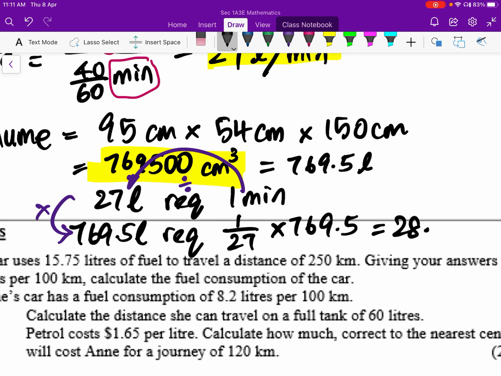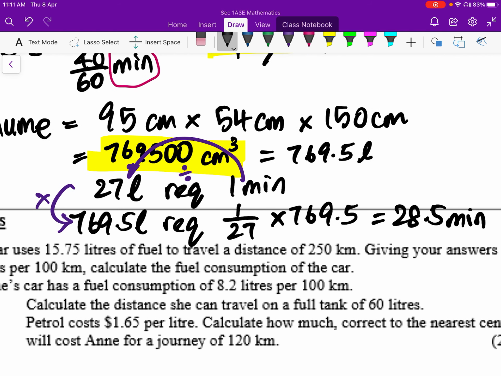So 28.5 minutes. Instead of doing it this way, you might have just used 769.5 divided by 27. As long as you have some sort of a statement to tell me what you're calculating, it'll be okay.